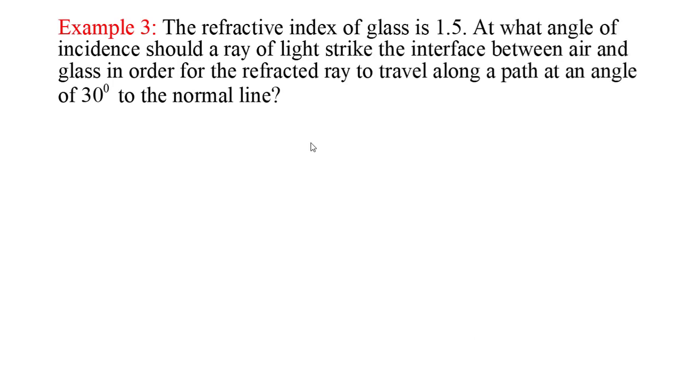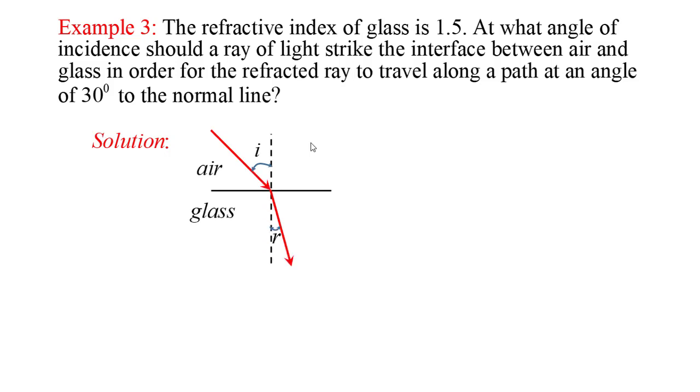Third example. The refractive index of glass is 1.5. At what angle of incidence should a ray of light strike the interface between air and the glass in order for the refracted ray to travel along a path at an angle of 30 degrees to the normal line? As a solution, this is the arrangement of what is given.